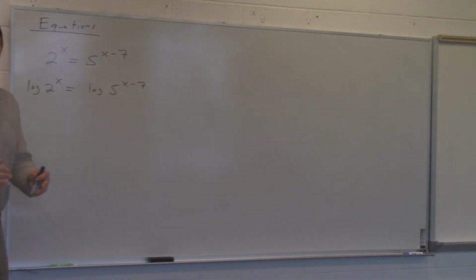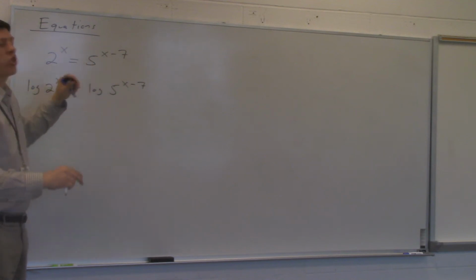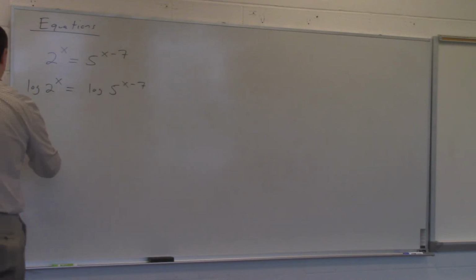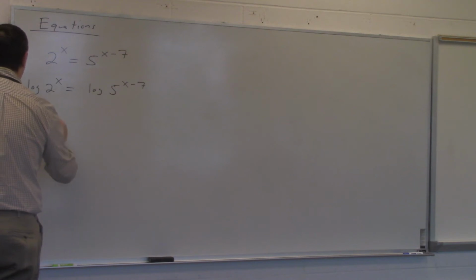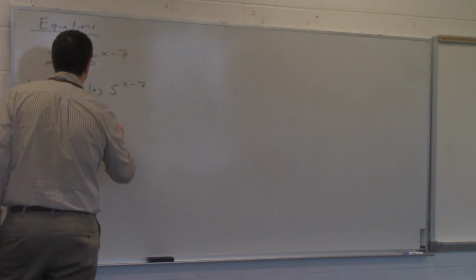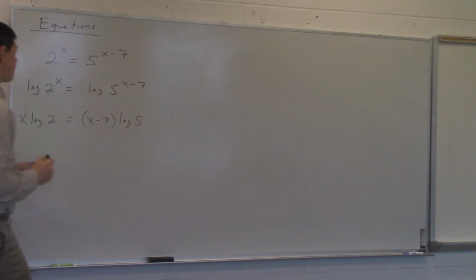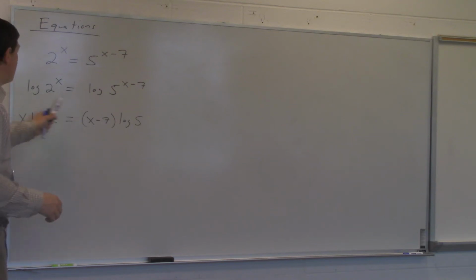And then I'm going to use that third rule of logarithms, where I can take the exponents and move them as coefficients. So I'm going to say x log 2 equals x minus 7 log 5. Now, a lot of students don't like this because now they see an x on both sides and they get confused.